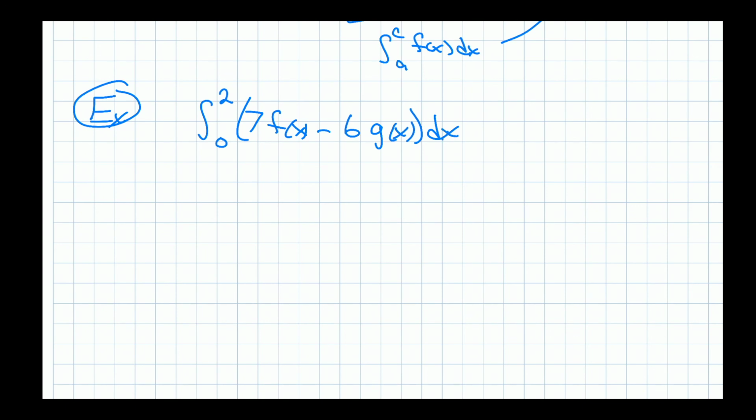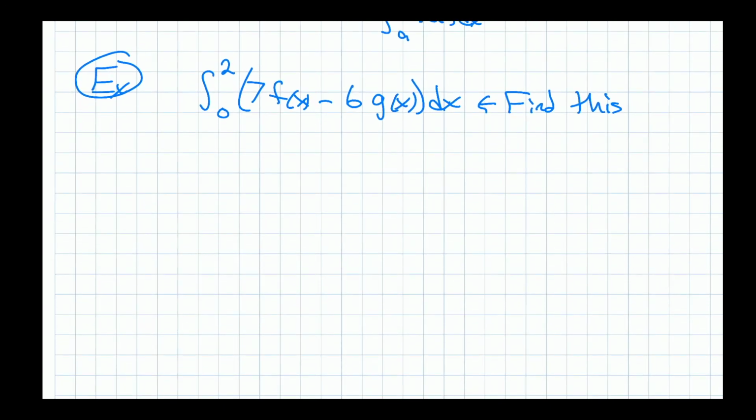We're supposed to find this. Given, and then they give us a bunch of information. So they told me the integral from 0 to 14 of f of x. Really? Why would they do that?